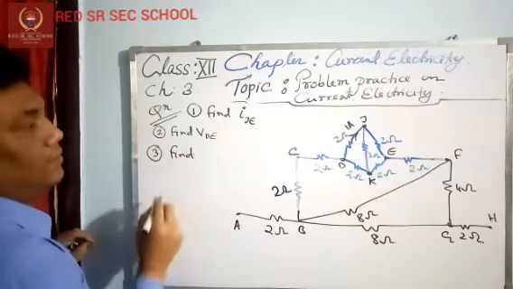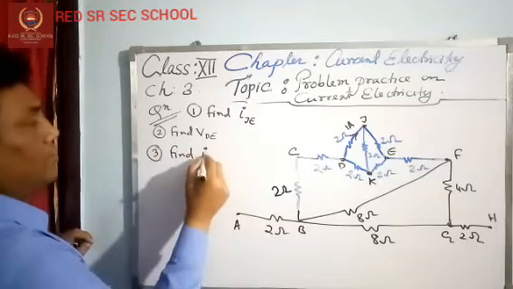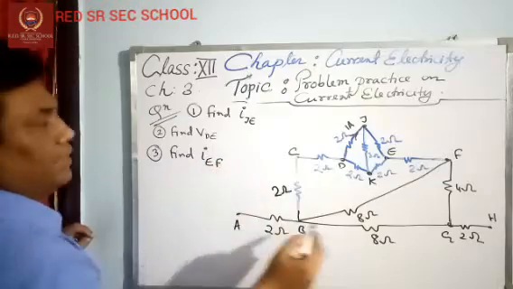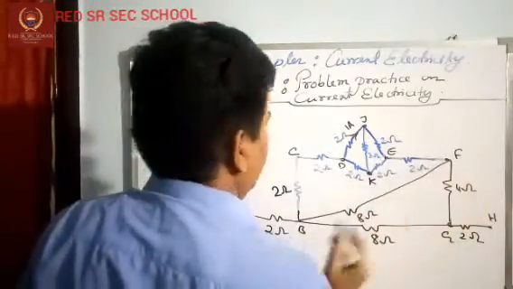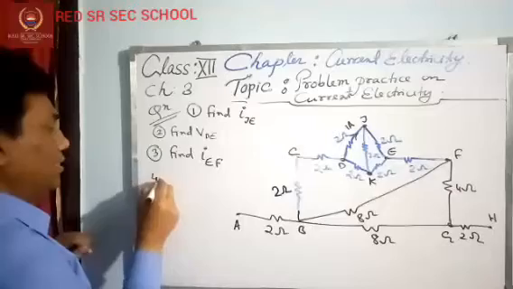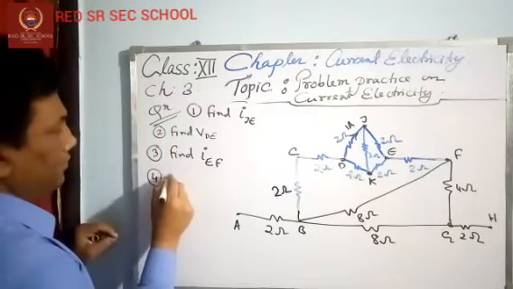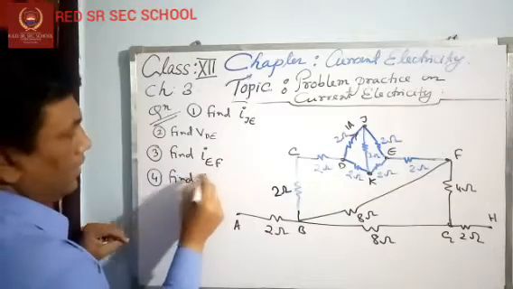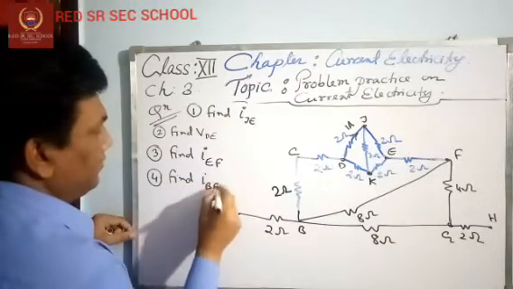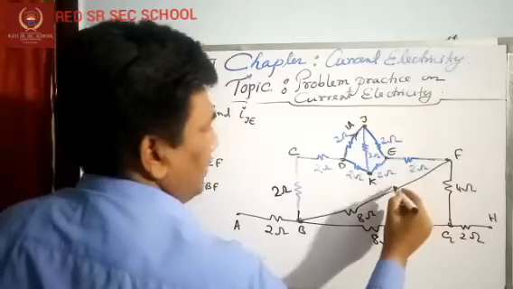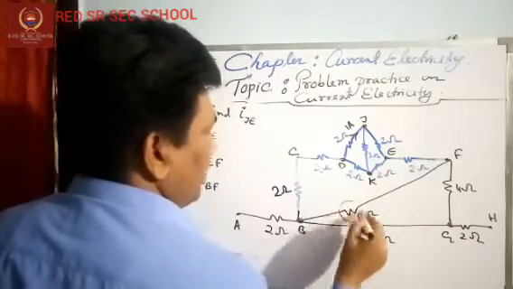Question number 3: find the current through EF. Question 4: find the current through B and F, from B to F in this branch. What is the current through this 8 ohm?